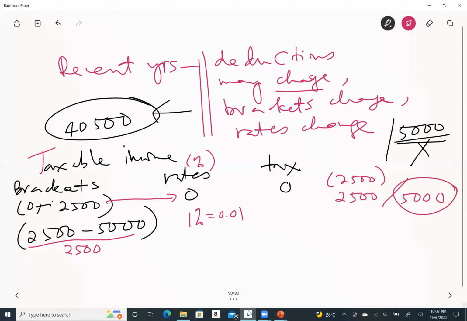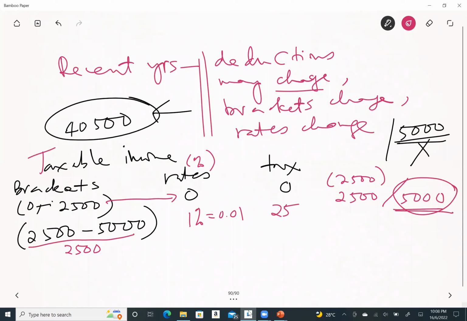So you multiply 2,500 with 0.01, which is 1%. How much ringgit do I have? 25 ringgit. So for your first 2,500, no tax. At 1%, you pay 25 ringgit. Right. Okay. So you paid already 5,000.